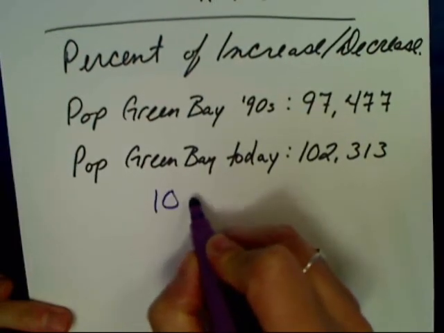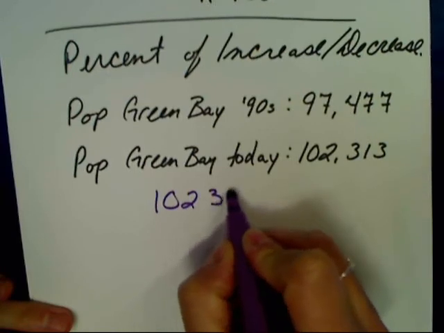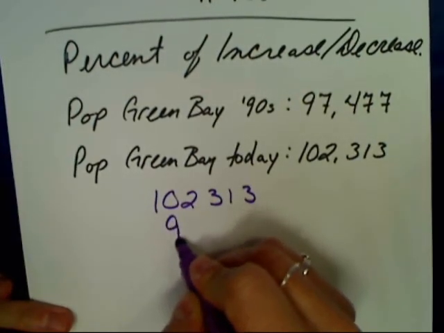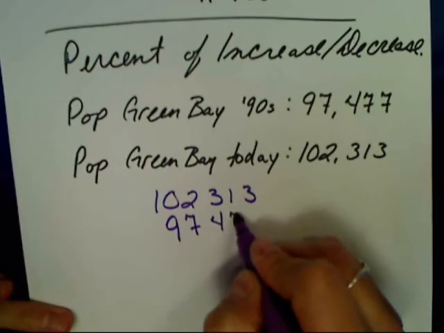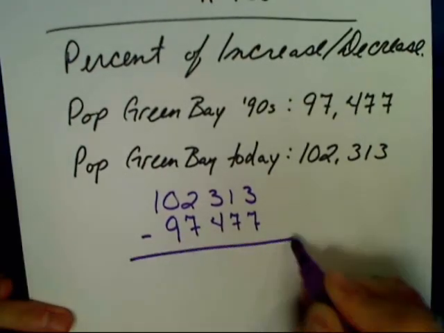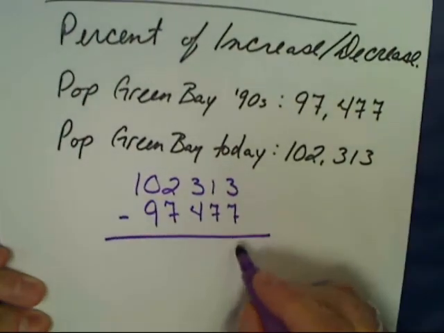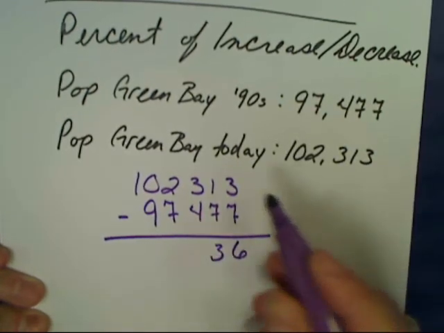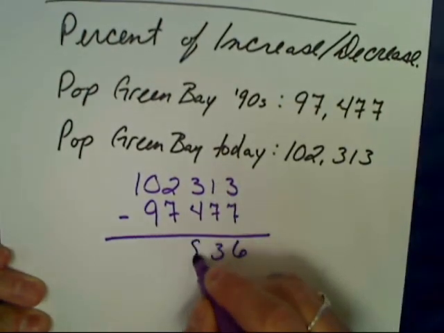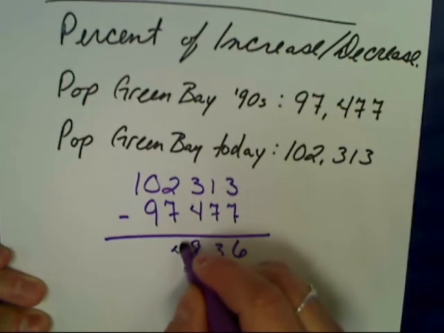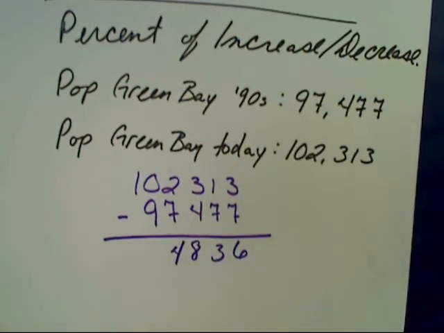So the first thing we're going to do is take today's population and subtract the old population to find out how many people it increased by. And if my math is correct, and feel free to check it, it is 4,836 people.